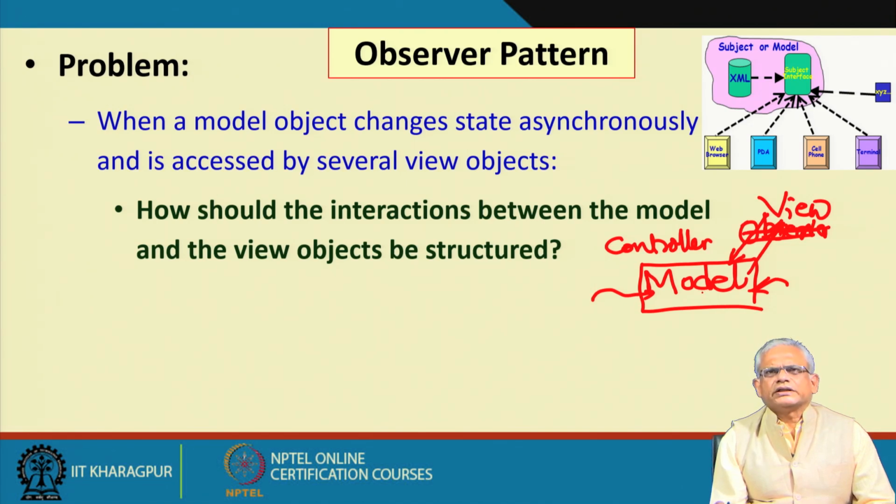You do not know when it will change, but those who are watching the market would like to see some specific stocks, what is the price, and only whenever there is a change they need to be notified. So, that is basically the problem that is addressed here.